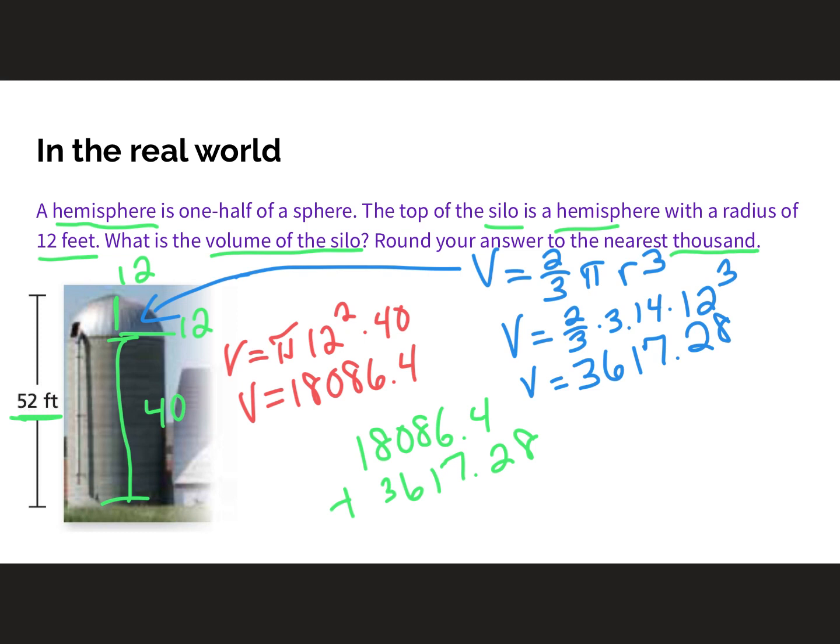So I'm going to add these up, which gives me 21,703.68, but we're rounding to the nearest thousand. So that is this place right here. I see the number after it is a 7, so as you go up, this is 22,000 cubic feet.